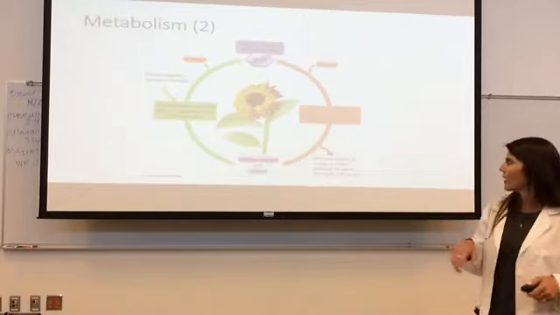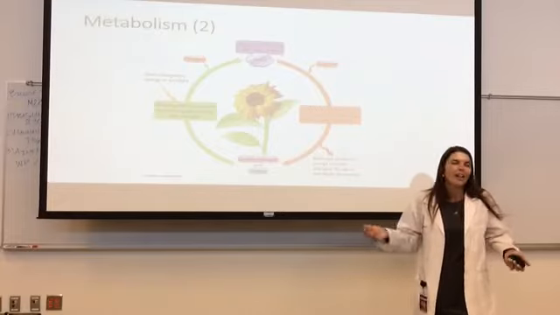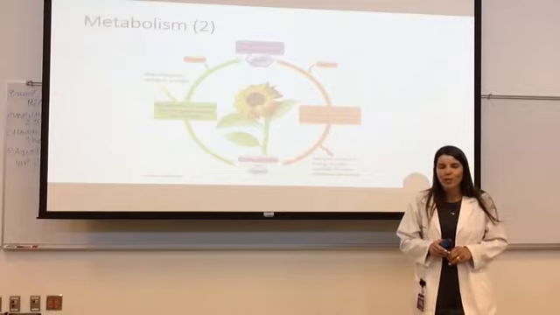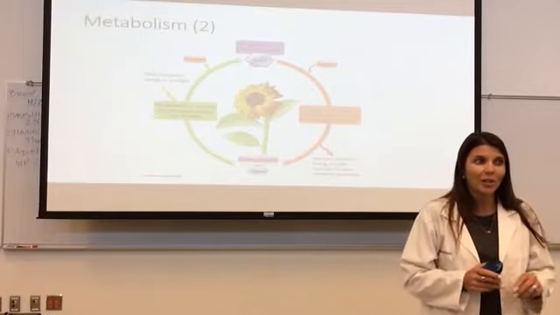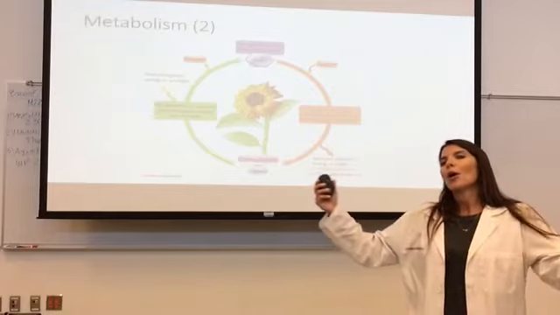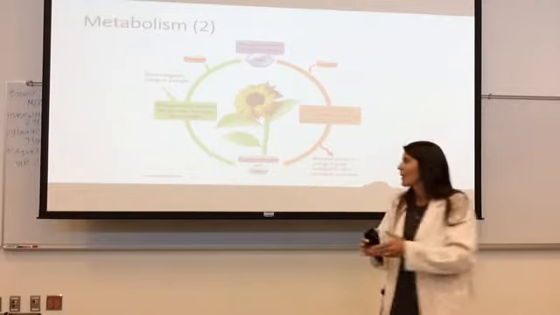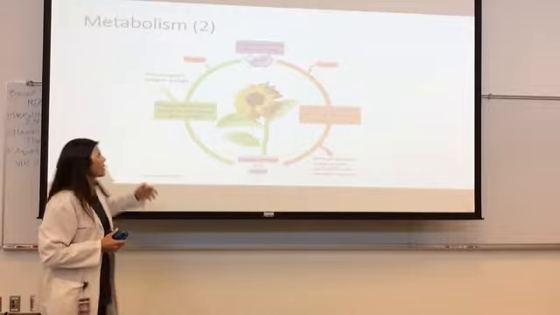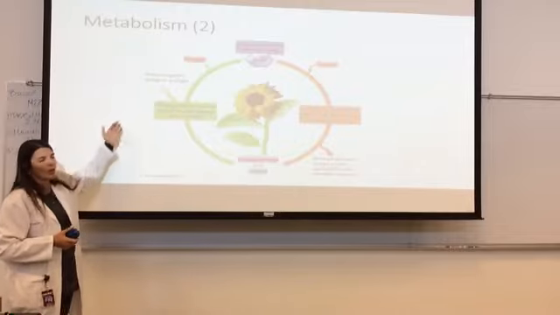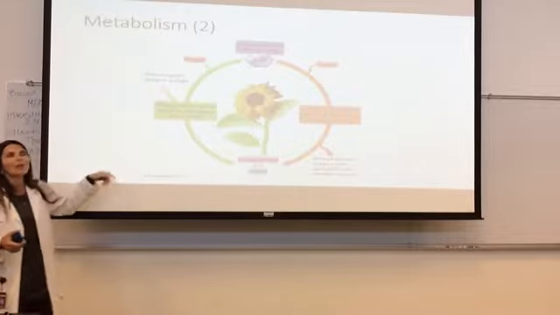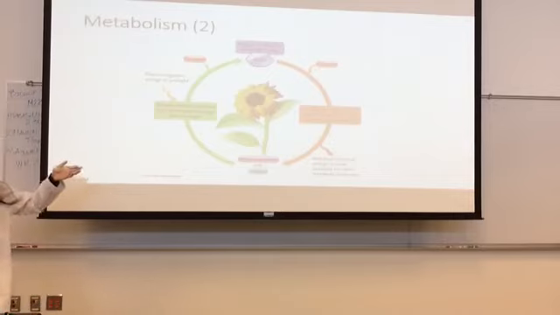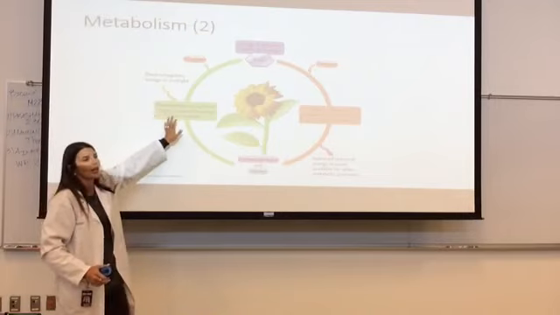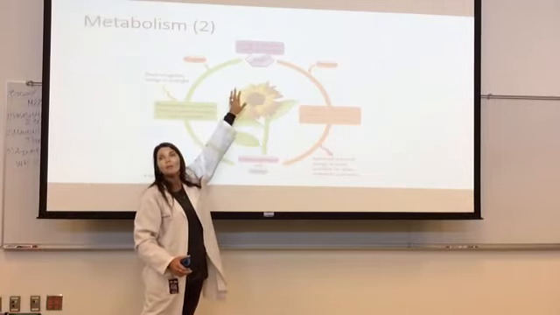Here's a sunflower. Because this is biology, I would love to use humans in every example, but that would be anatomy and physiology. So if you want to just study humans, roll with me in anatomy and physiology. But in biology, we have to study all life. So, hence the sunflower that's used here in this diagram. Also, the sunflower is clearly capable of conducting which of the previous processes that I just mentioned? Photosynthesis, which means it can take light energy and turn it into food.